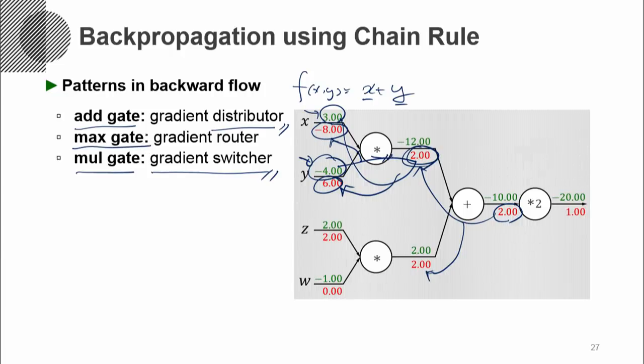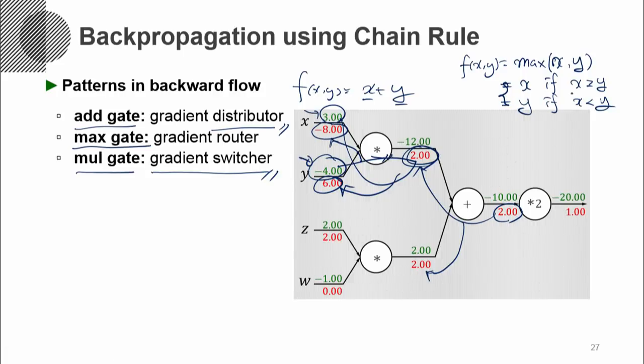Additionally, we often think of this max gate. So in the case of the max gate, we can represent it in this form, and it can be further described by these two cases.